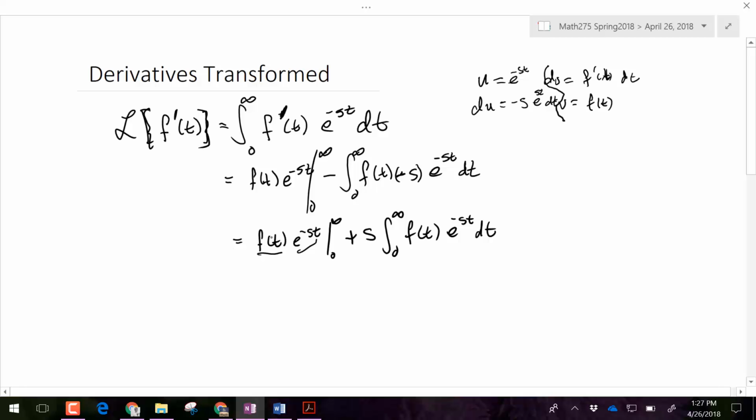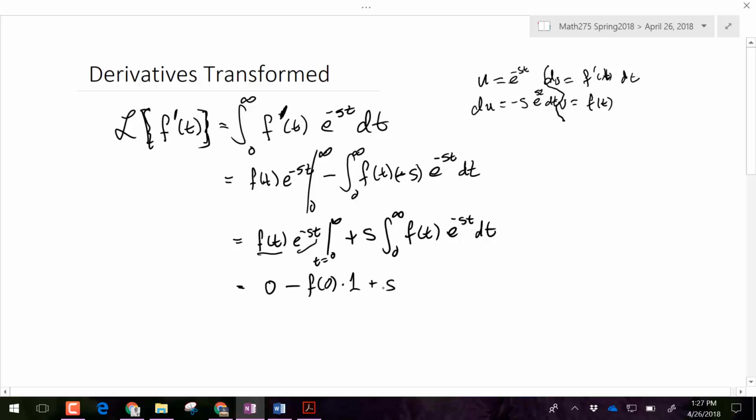So let's say this is going to be 0, and then what happens when you put 0 in is that t goes to 0, we have f of 0 times e to the 0, right? That's just 1. So we have a minus f of 0 here.